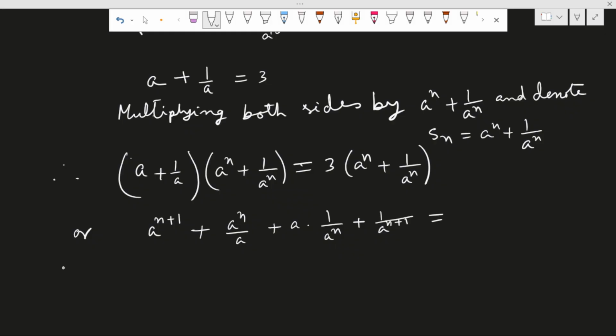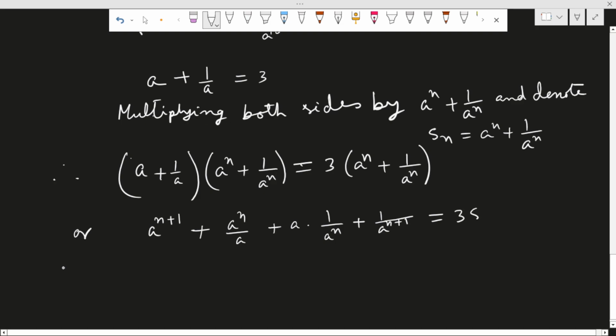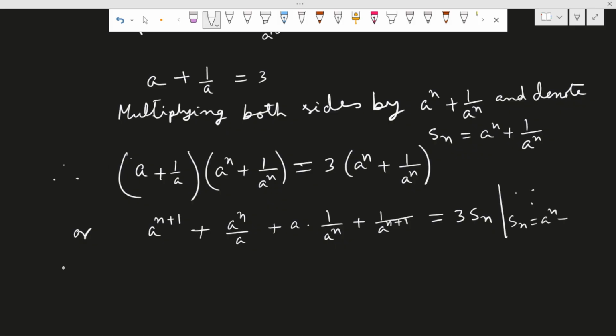Right hand side, writing this Sn as a to the power n plus 1 by a to the power n, because our aim is to find a recurrence relation, that means a recurrent formula.